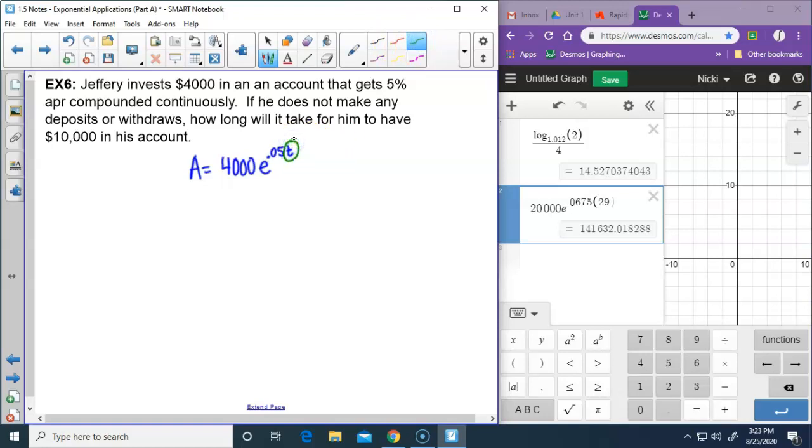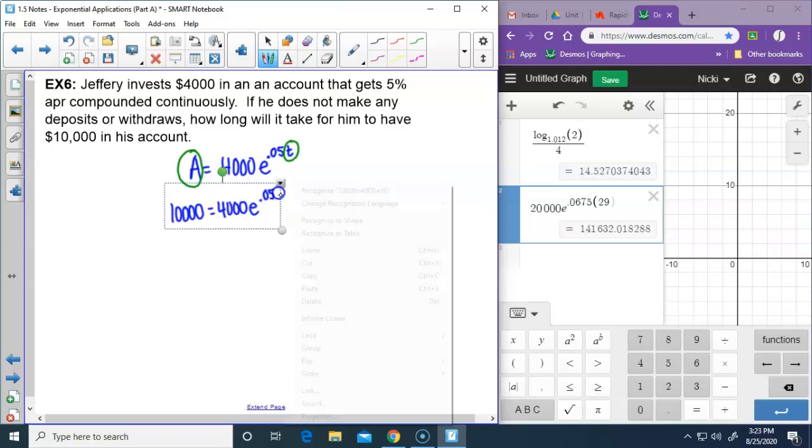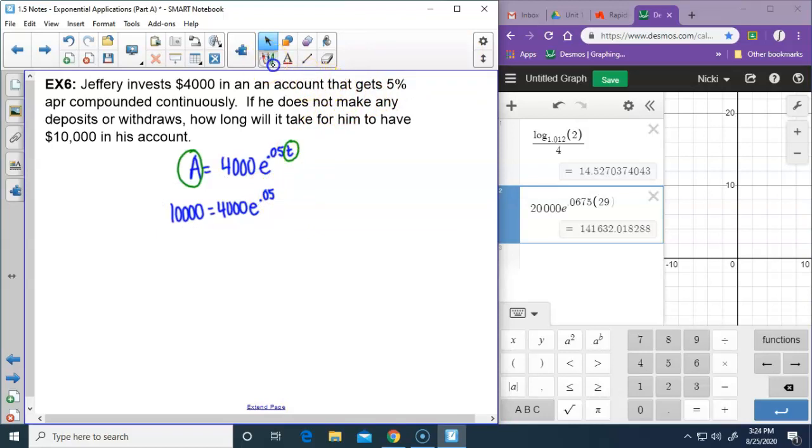We're not going to replace T in our equation. And our A right here, we know that's going to be $10,000. So we're going to plug in $10,000 equals $4,000 e to the 0.05 T. And we're going to solve this equation for our T right there.